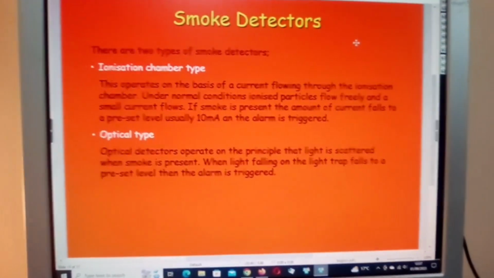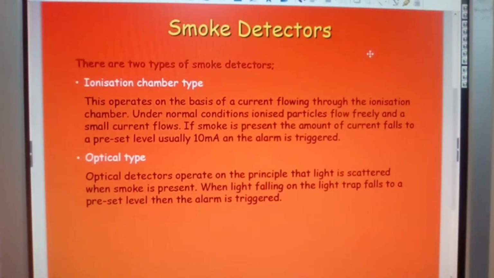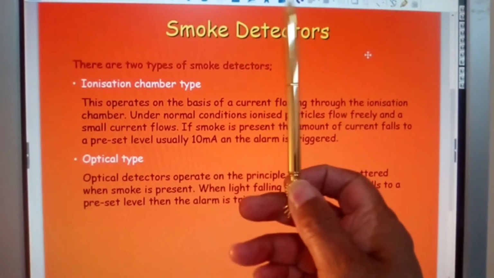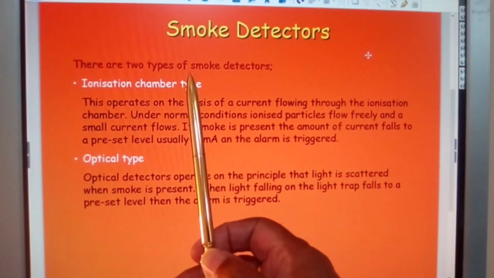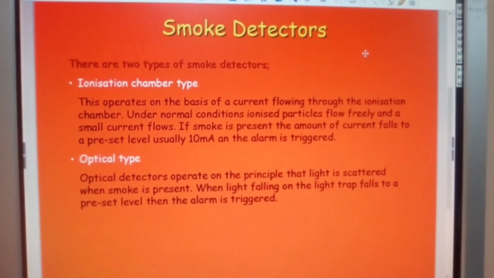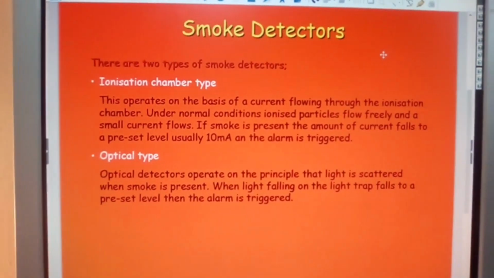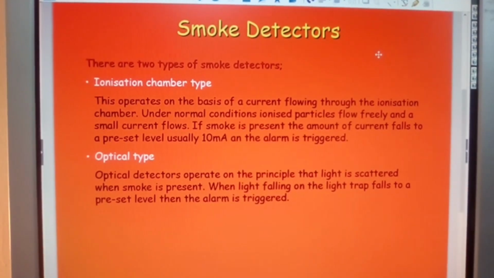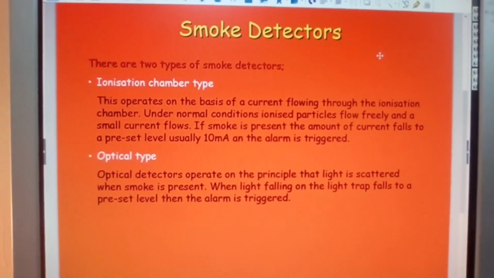All right, smoke detectors. There are two types of smoke detectors. Allow for any new modern types which may be coming on the market, but bear in mind these are the two types we are dealing with at this point in time.